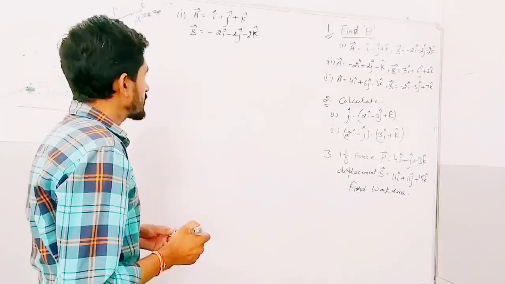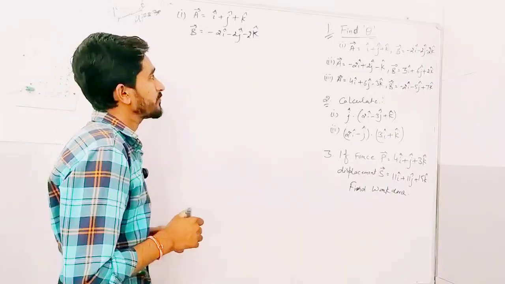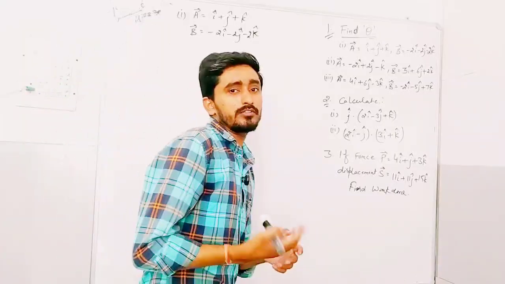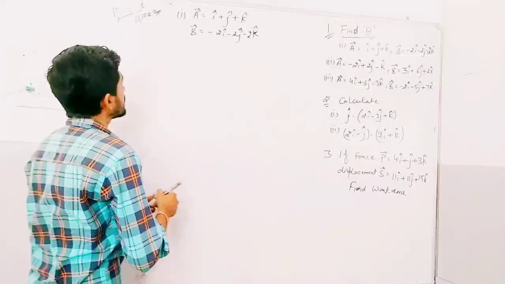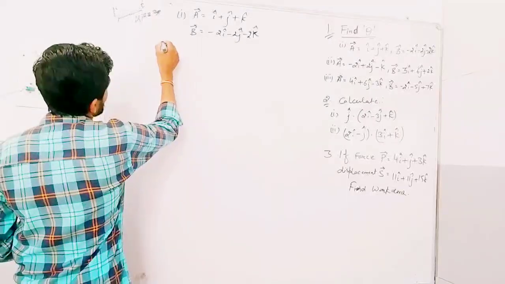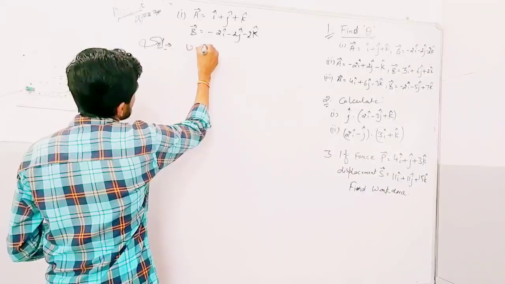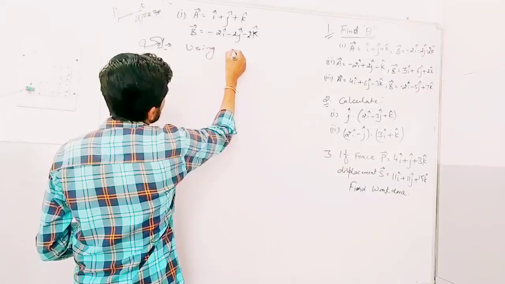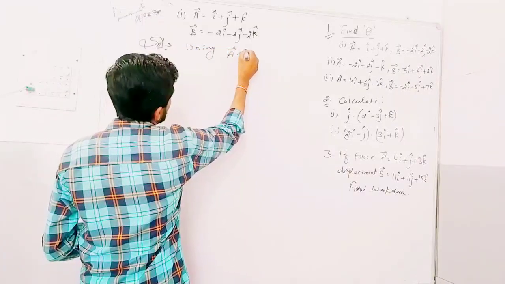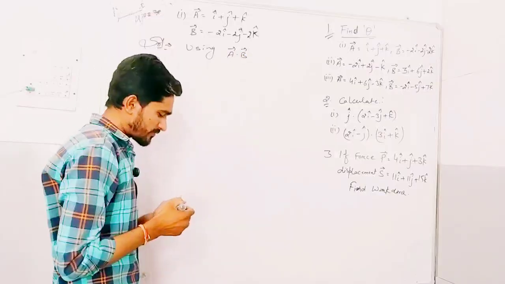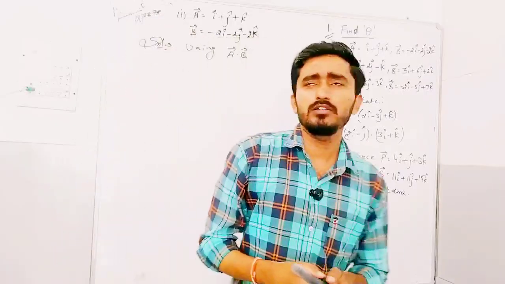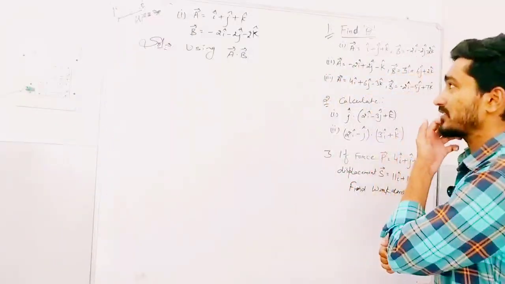With this information I have to find theta, and we can find it using a dot b. You can also find it with the cross product, which we can do later.